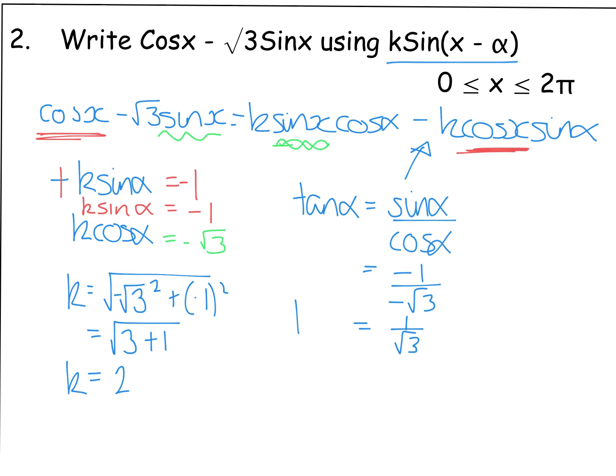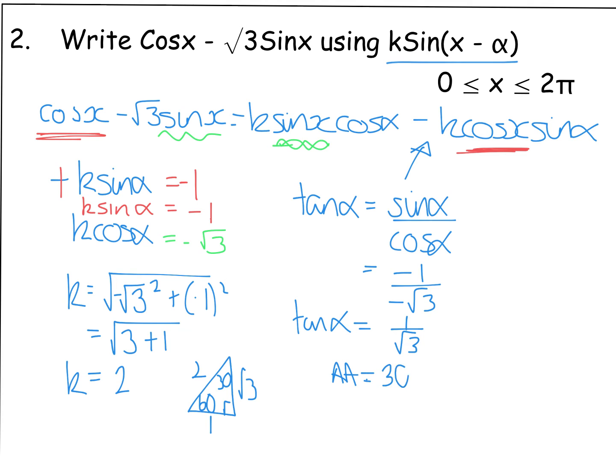Everything turns positive there. So tan alpha is positive 1 over root 3. Now, from your exact values, what gives you tan 1 over root 3? That comes from your 60-30 triangle, where this is 2, this is 1, and this is root 3. So 1 over root 3, the associated acute angle is 30.